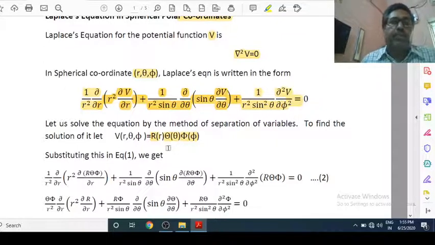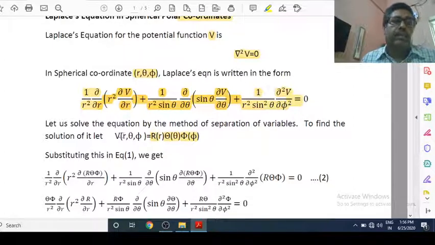First of all, you should not be confused here. This is capital Theta, this is small theta. This is capital Phi, this is small phi. You have to understand this clearly. Capital Theta is a function of small theta only, and Phi is a function of phi only.